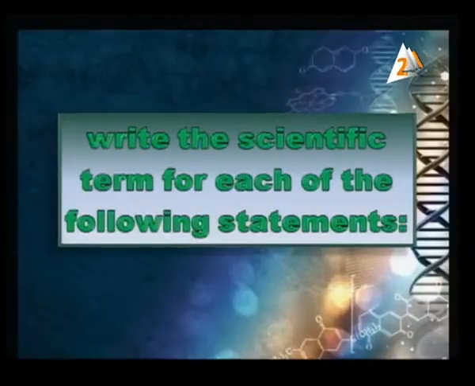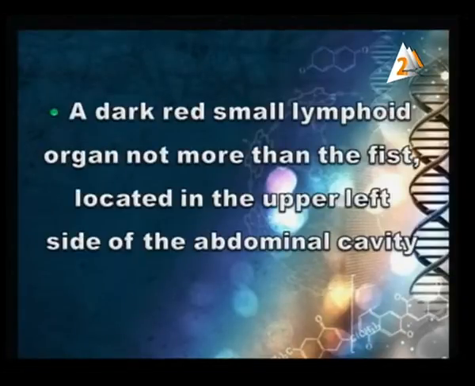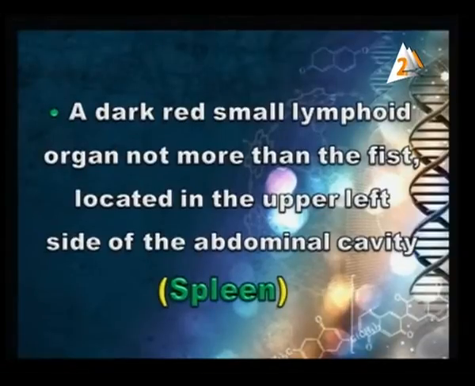Question 1. Write the scientific term for each of the following statements. Number A: a dark red small lymphoid organ, not bigger than a fist, located in the upper left side of the abdominal cavity. Yes, the spleen.